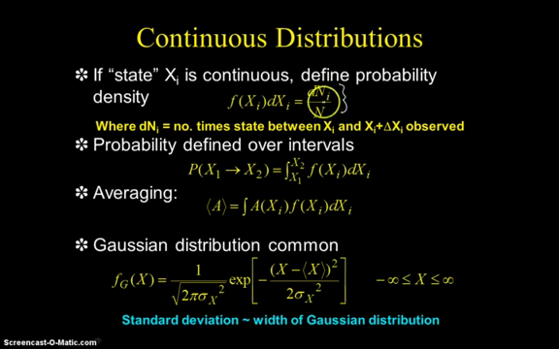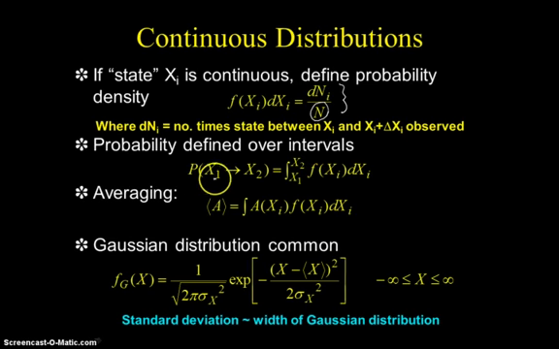So if we imagine again that we have an infinite number of trials, or a number that's very large, approaching infinity, the differential of the number of trials that's going to be between a value of the state being x_i and a value of x_i plus dx_i is given by this probability density. And of course, we can really define our probability over certain intervals, which are going to be given by the integrals of this probability density.